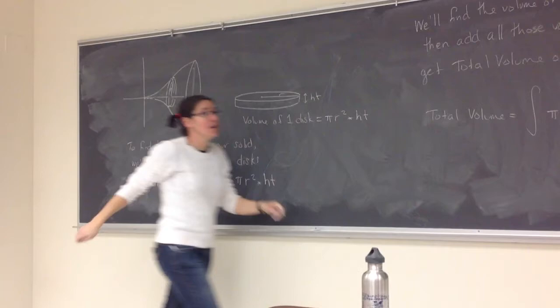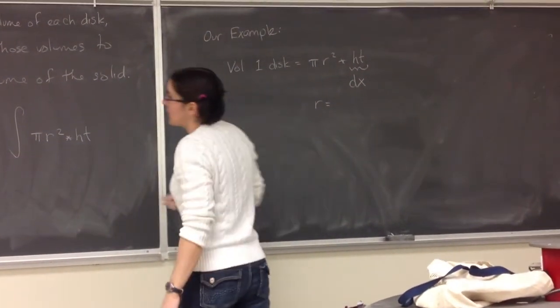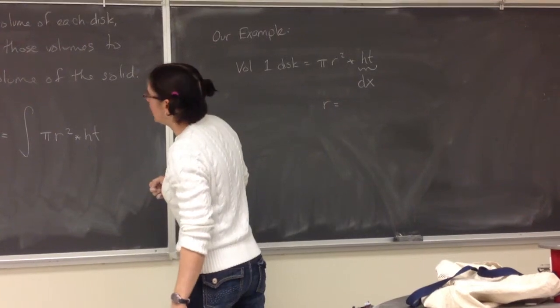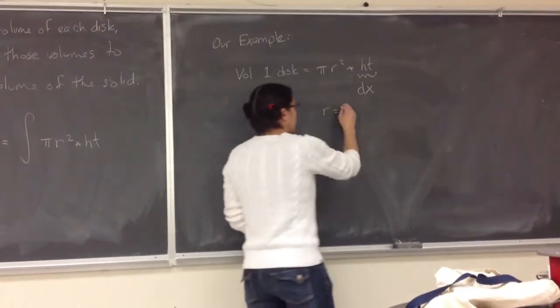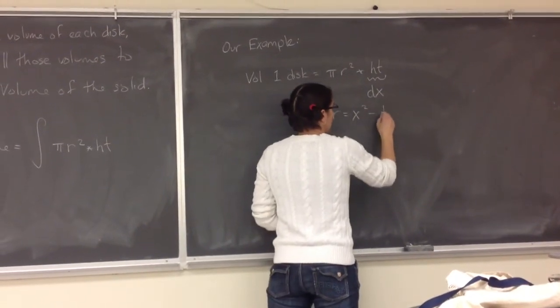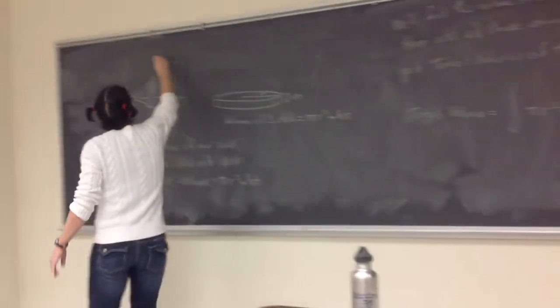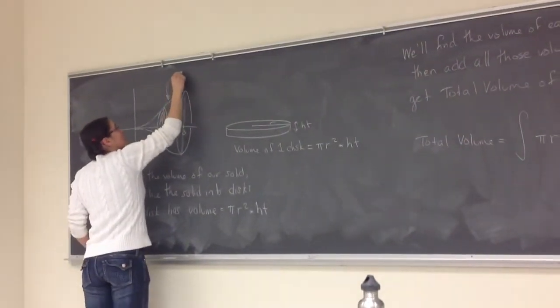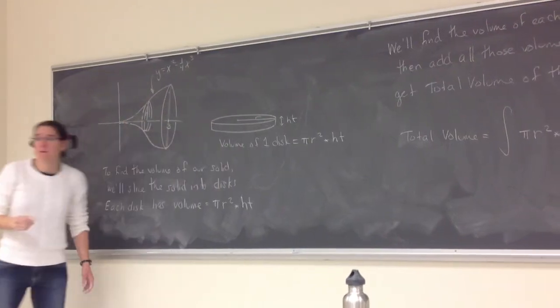In this case, our radius will be our function itself, which is, I lost it, what was the name of it? Think of it. x squared minus 1/4 x to the third. So I'll draw that up here. That is this guy right here: y equals x squared minus 1/4 x to the third.